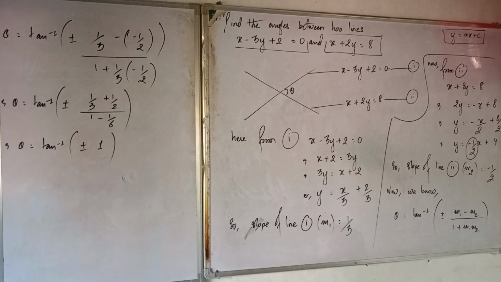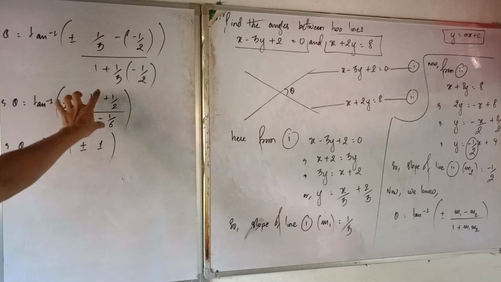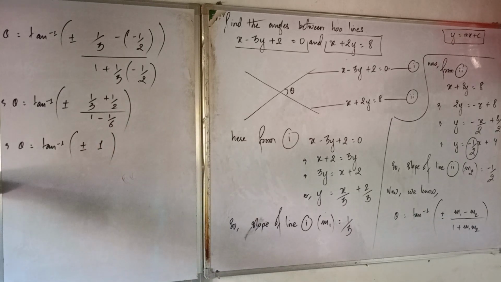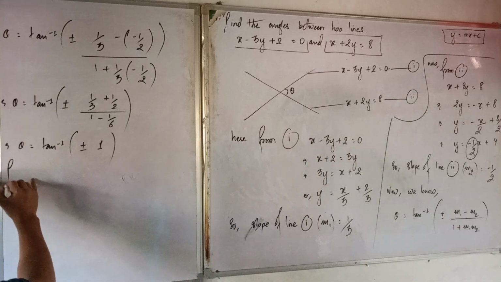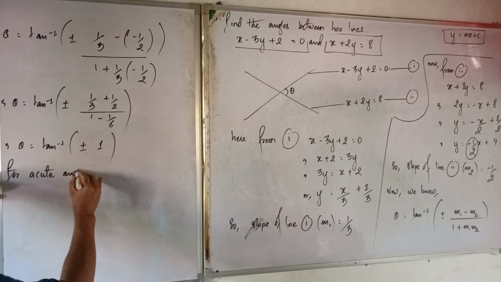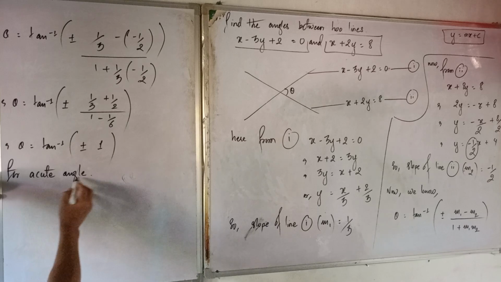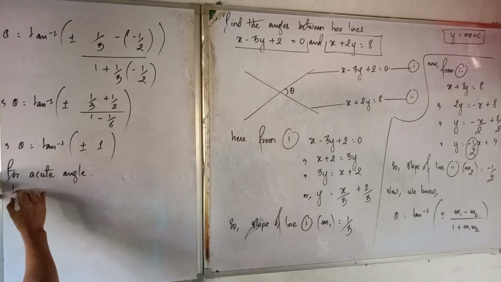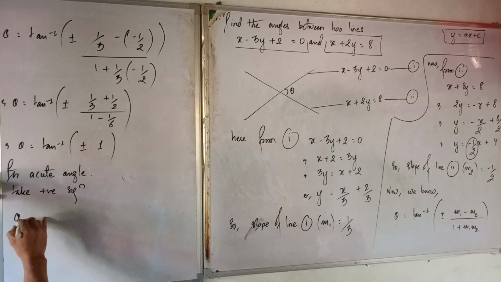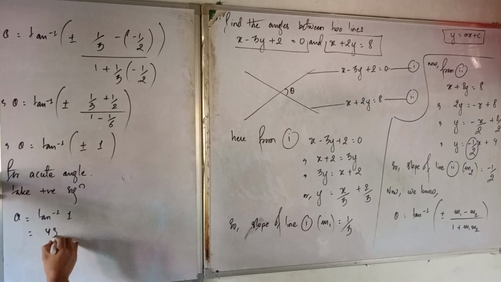When you simplify and calculate all this, the value will be plus minus 1. In this case, for the acute angle, you can take the positive sign, theta equals tan inverse 1, which is 45 degrees.